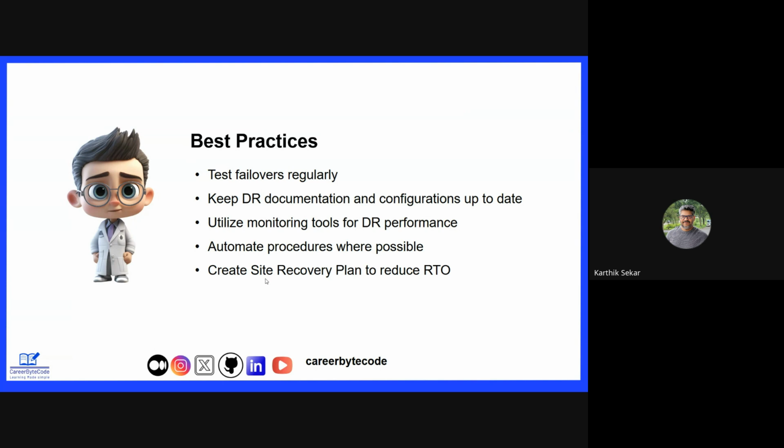Basically, when it comes to production, we should have documentation explaining how we can perform the replication, how we can perform the ASR, the drill and everything. The document should be up to date. And then we need to keep monitoring the DR performance, whether it is replicating properly, and whether there is any error while it is replicating.